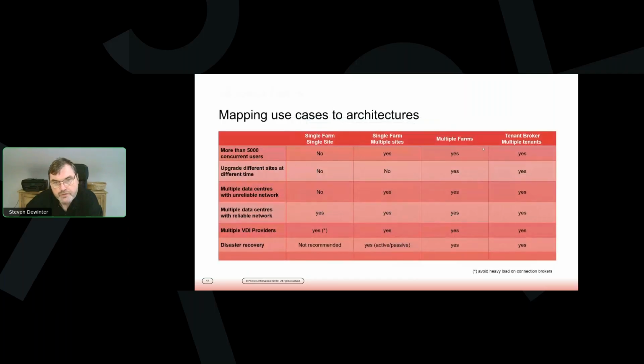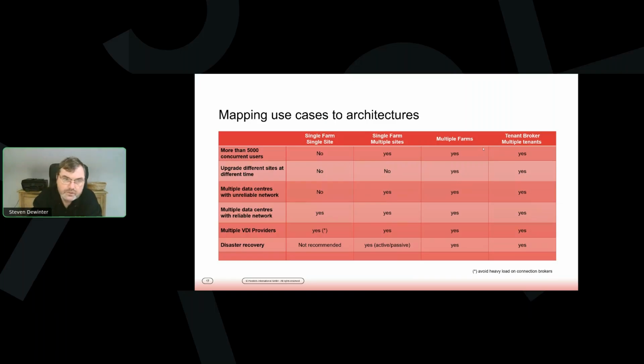So if we combine everything together, we end up with this kind of matrix where we have the 4 different architectures: a single farm single site, single farm multiple sites, multiple farms, or the tenant broker with multiple tenants. And then we have certain criteria. If you go above 5,000 concurrent users, again, it's not a hard stop.